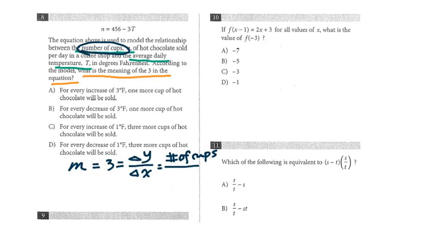Then for difference of x, that's temperature. Therefore, the meaning of 3 is for every decrease or increase of temperature, how many more cups of hot chocolate will be sold.